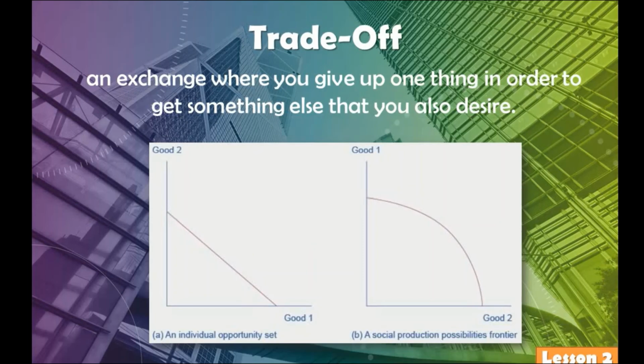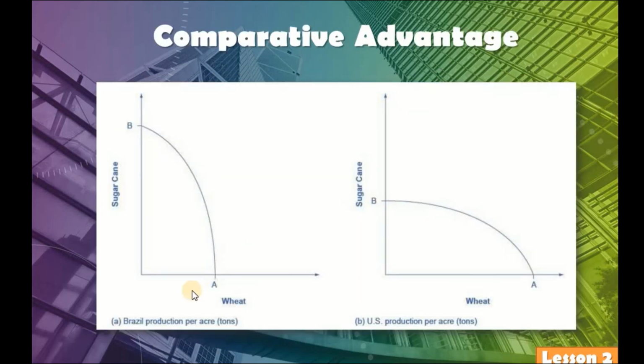Next, trade-off. Okay. Kailan po nangyayari sa trade-off? Di ba nasabi natin, meron kang comparative advantages. So, let's for example, si Brazil. Ang comparative advantage niya ay sugar cane. Pero wala siyang masyadong wealth. So, anong gagawin niya? Makikipag-trade off ngayon siya kay US para mapunan yung pangangailangan niya when it comes to wealth.